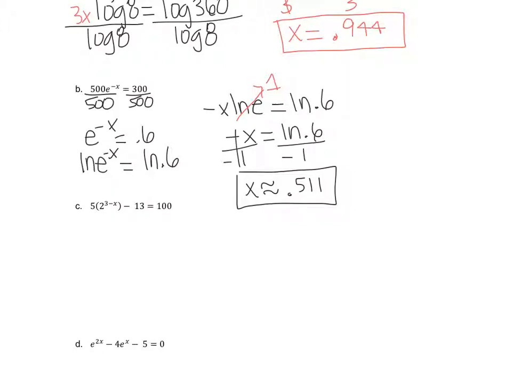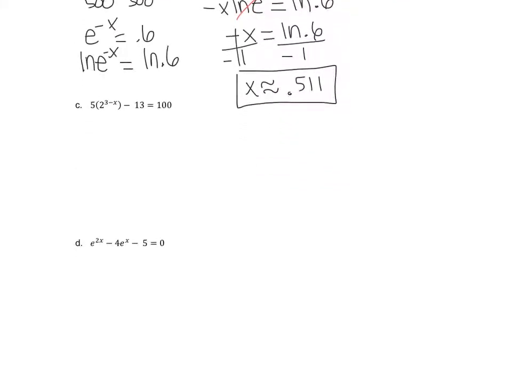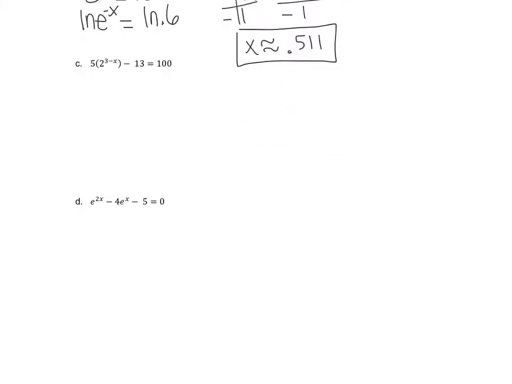On part C, again, you always want to start when you're solving an exponential by isolating the exponential. So my goal is to get 2 to the 3 minus x by itself. So you would work that just like you are working an equation. So how do you get that by itself? Well, first we're going to start by adding 13 to both sides.